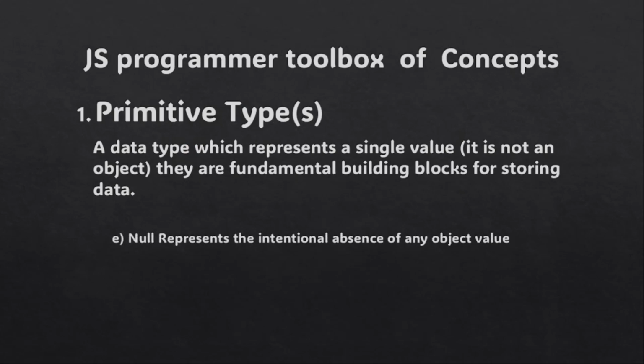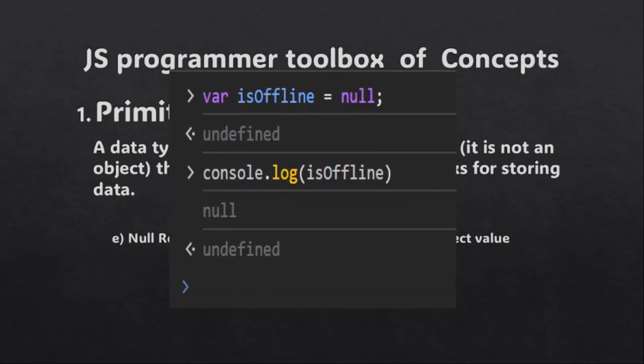Now, if you want to have an intentional representation of absence, you can use null in JavaScript instead of using undefined. You can see the variable is offline, it's initially set to null, and when you console.log it, it will show you null.